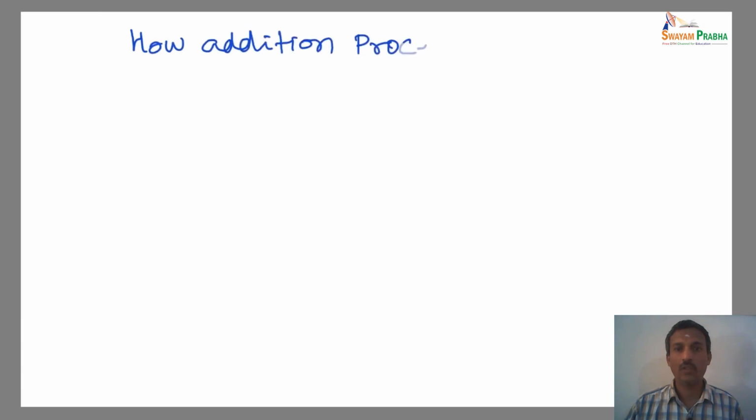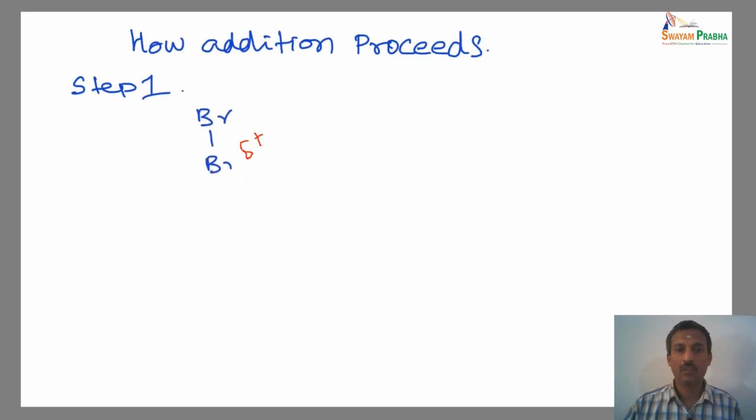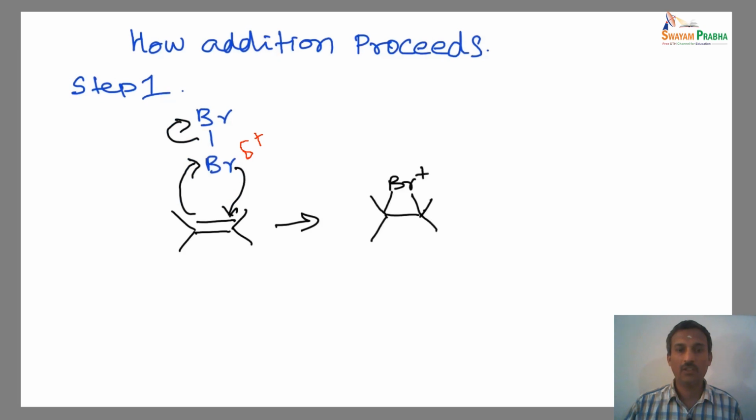Let us look at how the addition proceeds. So the bromine adds across the double bond. The bromine is polarized and has a delta positive charge, because the double bond is an electron rich species.